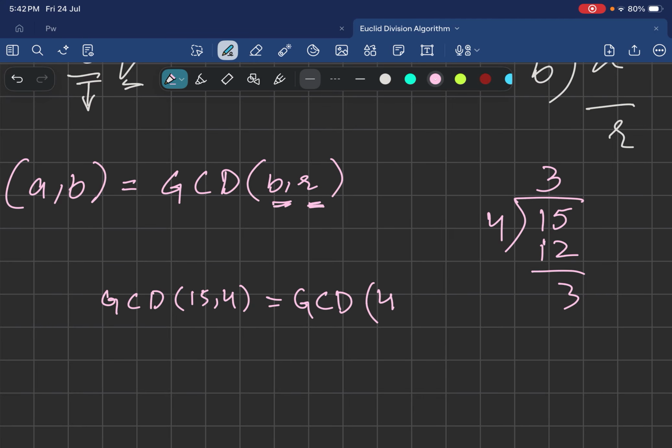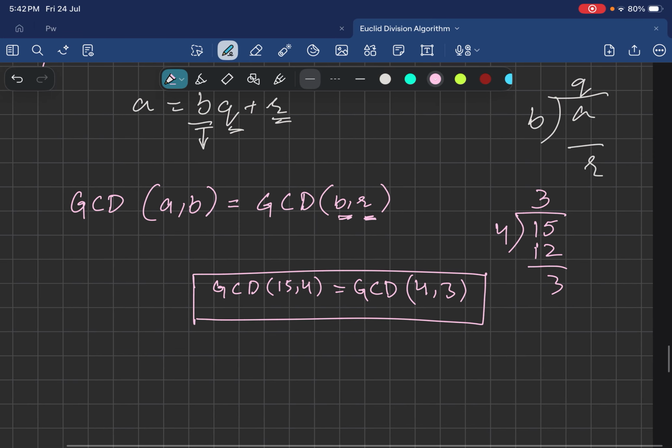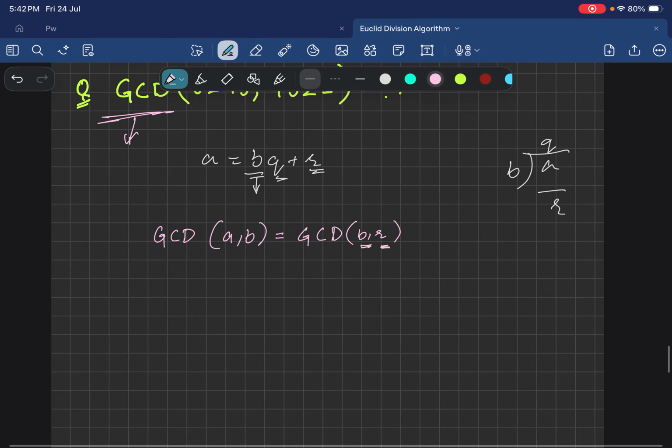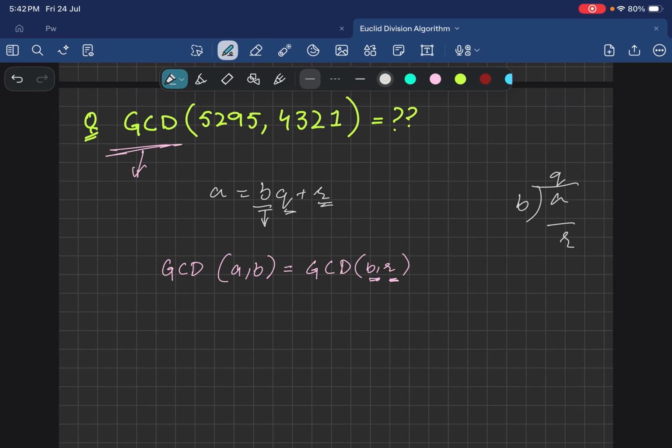So I can say it is the same as GCD of the divisor, which is 4, and 3. This property you need to know for the extended Euclidean algorithm. So here we have 5295 and 4321.